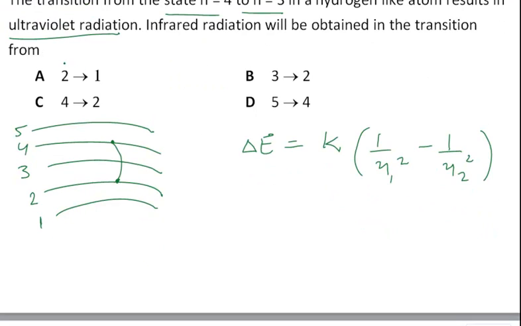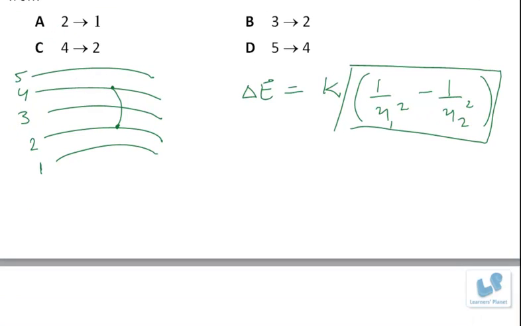Now we know that if we find out the ratio of energies keeping only this term in mind, then in the case of 2 to 1 we will get some constant k times 1 by 1 minus 1 by 4, that is 3 by 4.